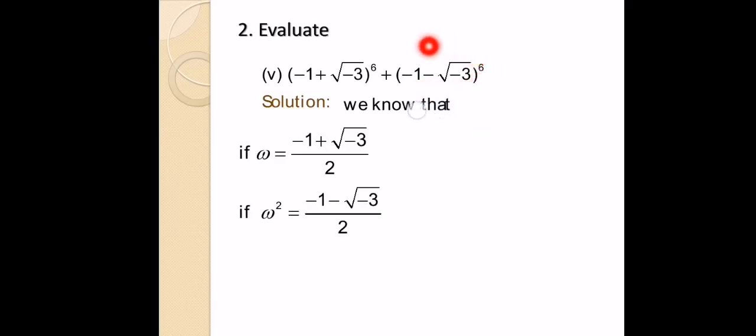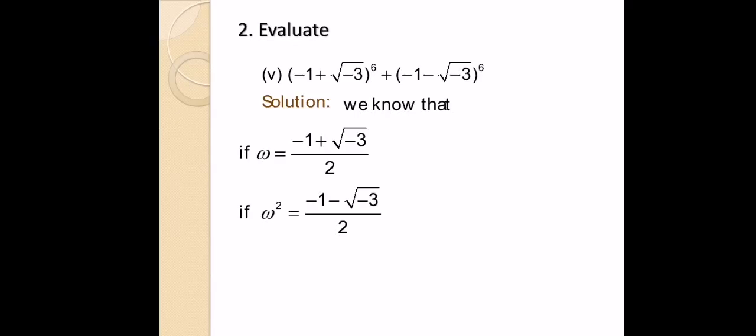These are similar to the expressions which we got after finding the cube roots of unity, which were the complex cube roots of unity, and we recognized them as omega and omega square. So we are going to use that fact to recognize these two complex cube roots of unity.